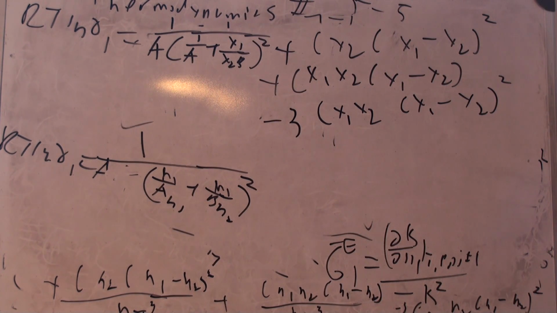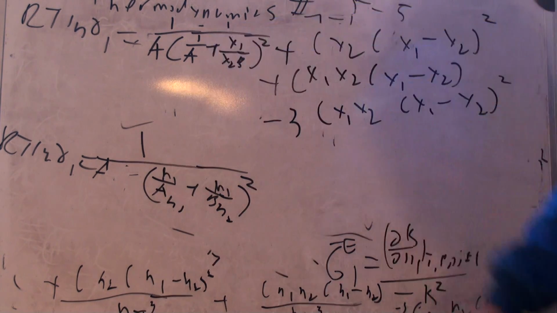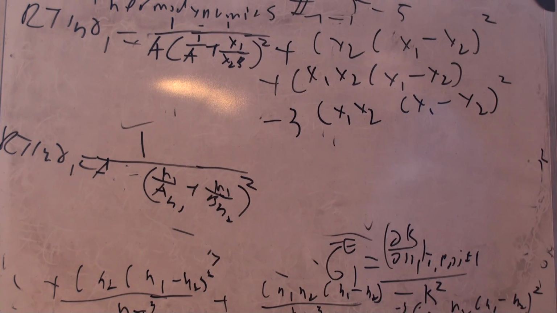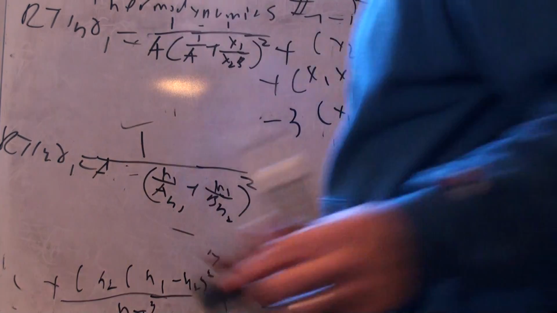Alright. And this thing ain't gonna clean up much better. It might clean up a little bit, but it's really not gonna clean up a ton. We got the time, let's just try to clean it up, but I don't think it's gonna.